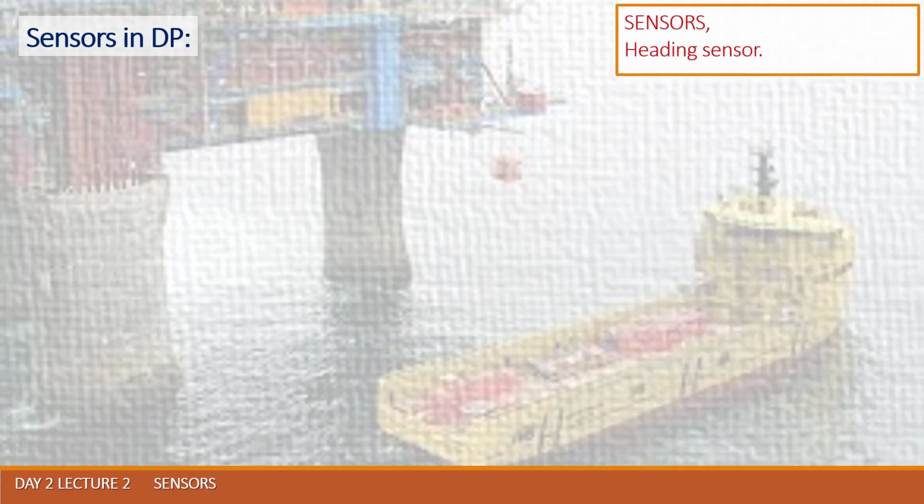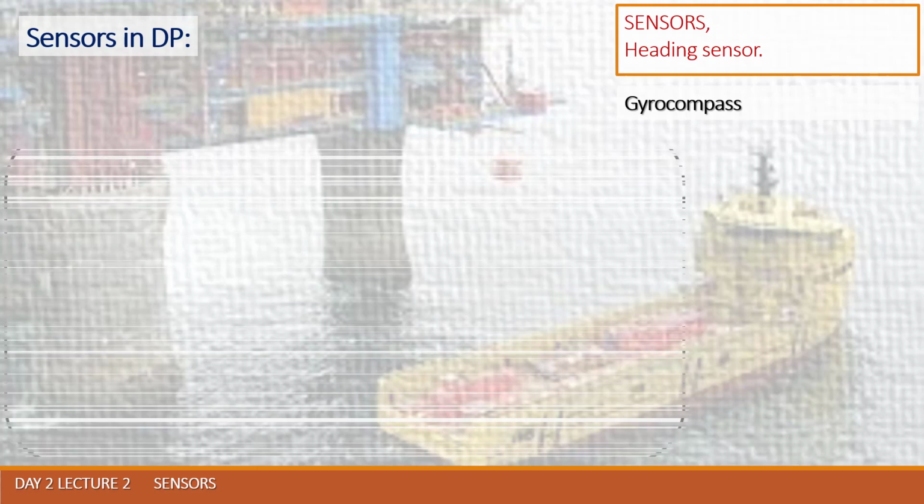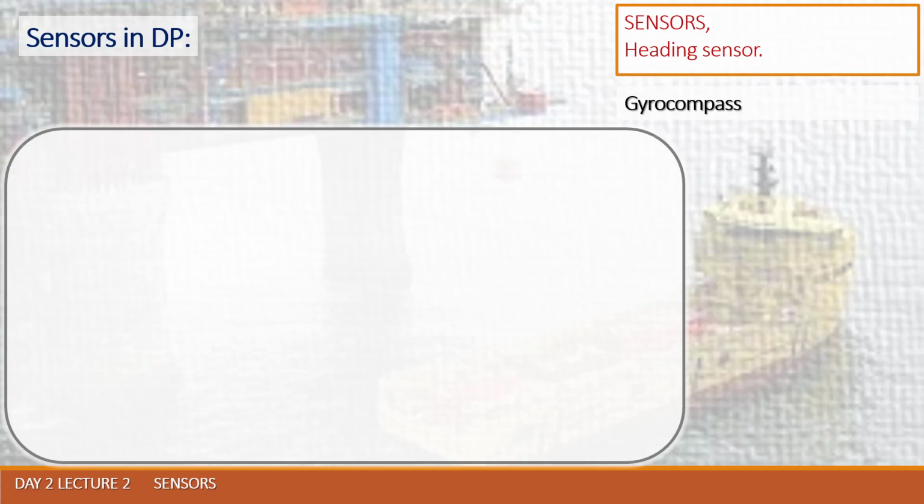Now guys, please concentrate your attention on the next slide. The most important sensor for any DP system is the heading sensor, or traditionally, as I said, this is a gyro compass. The gyro compass takes part in position calculation for relative position reference equipment, because most of them are using the technique of range and bearing to a known fixed position of a reflector, transponder and so on.